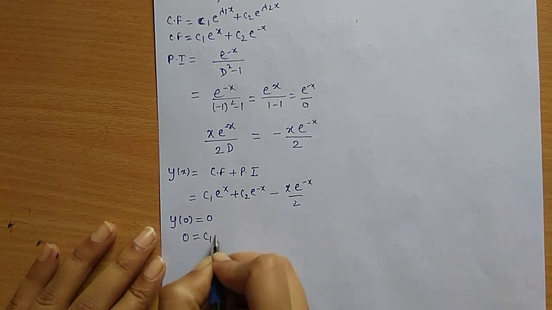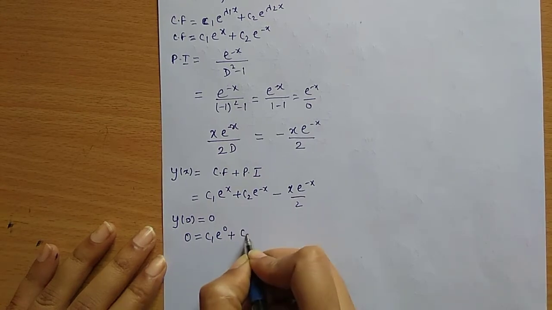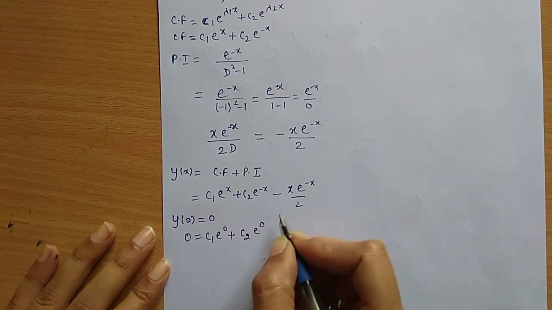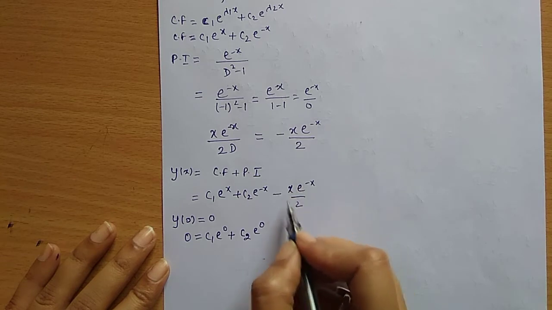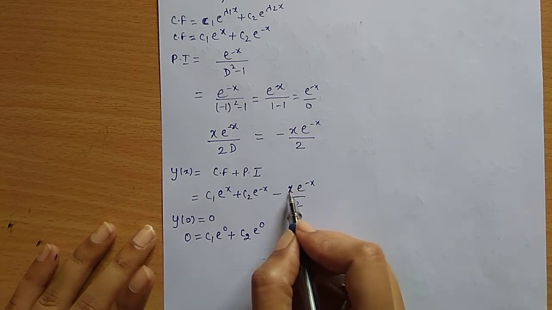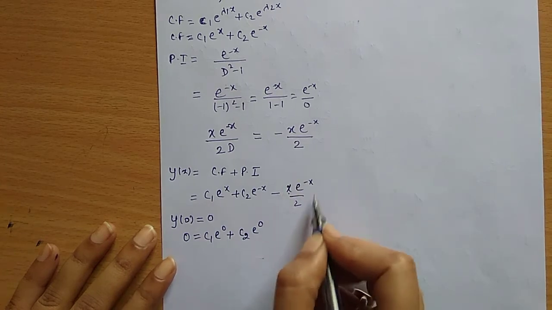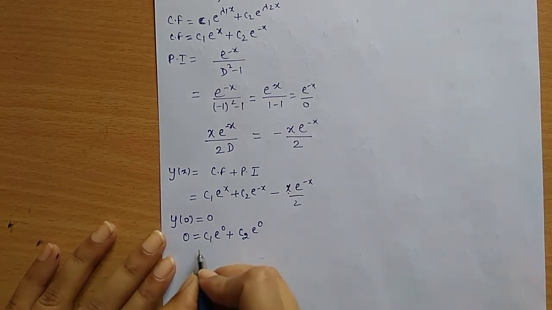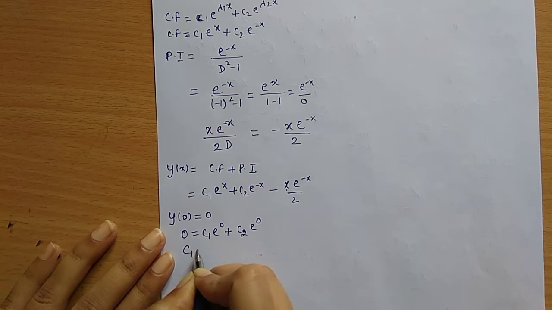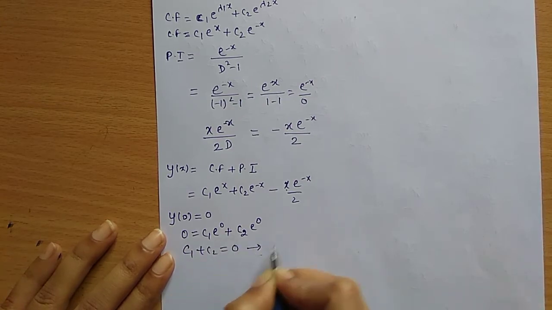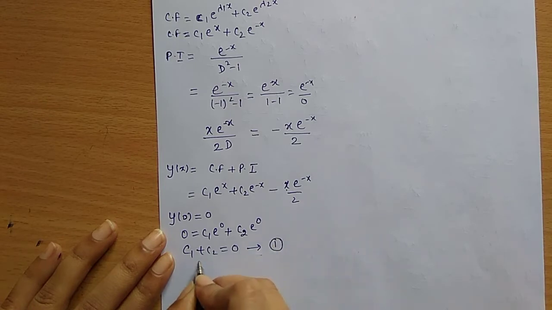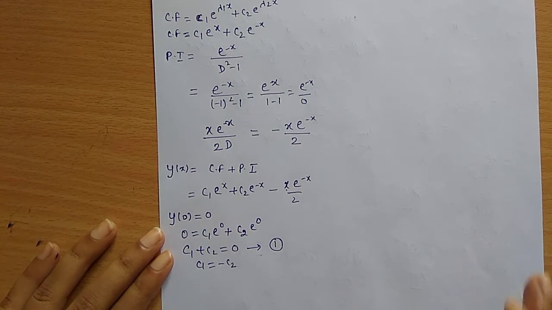This means C1 e to the power 0 plus C2 e to the power 0, and this term will become 0 because we are putting x equals 0. Now what we get is C1 plus C2 equals 0. This is your first equation, and from here we conclude that C1 equals minus C2.